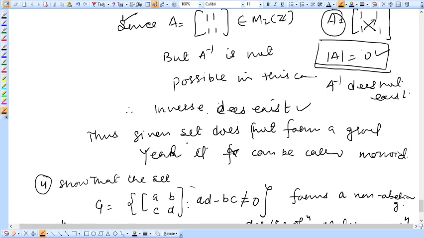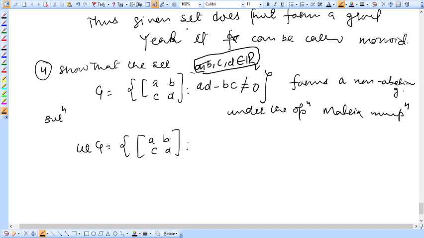You just write here that A comma B comma C comma D belongs to real number, right? You just write this inside of the curly bracket.